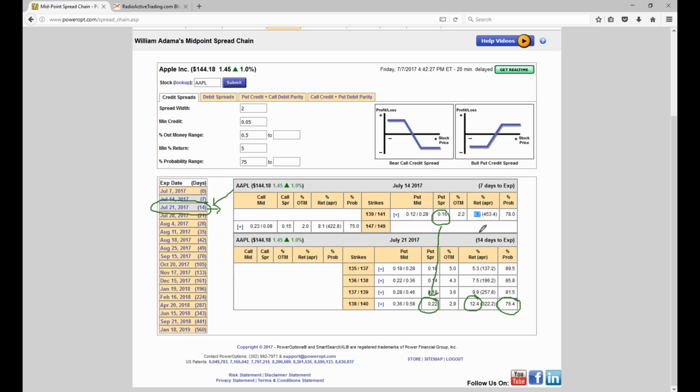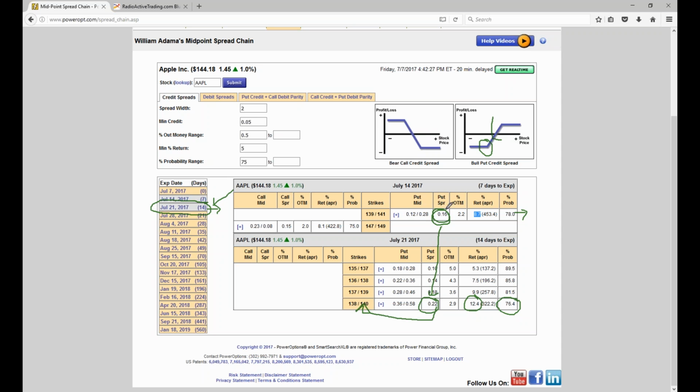Why? Because whether you go 7 days out in time or 14 days out in time, regardless of what probability you look for, you're going to have strings of losers where you're going to take the full loss from an unexpected event. It's going to happen. What are we looking at here? I'm looking at making 22 cents on a 2-point spread 2 weeks out. So what are we talking about there? We're talking about an almost 8-to-1 risk-reward ratio.